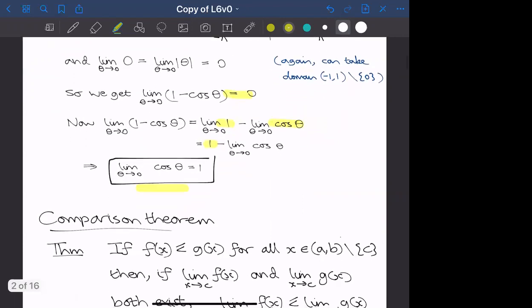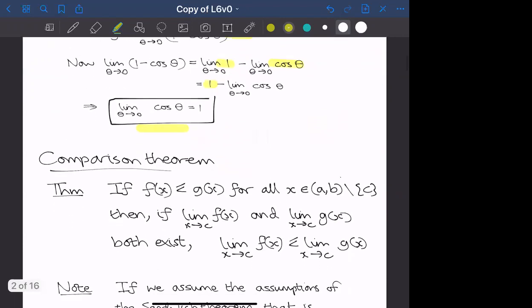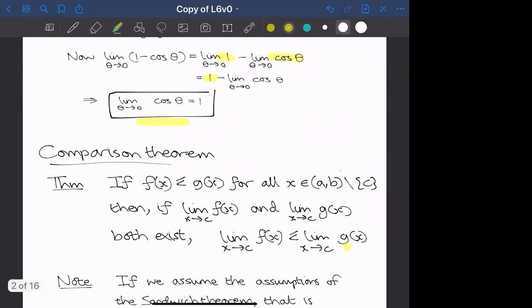So, a theorem which is related to the sandwich theorem.